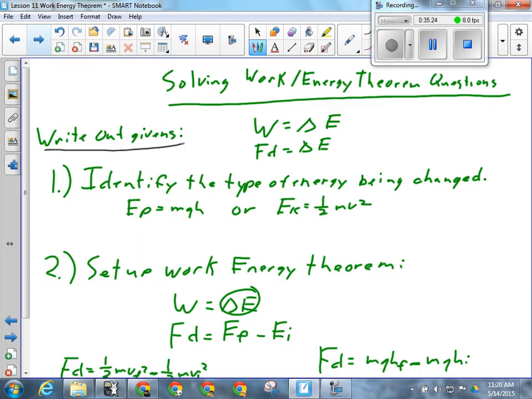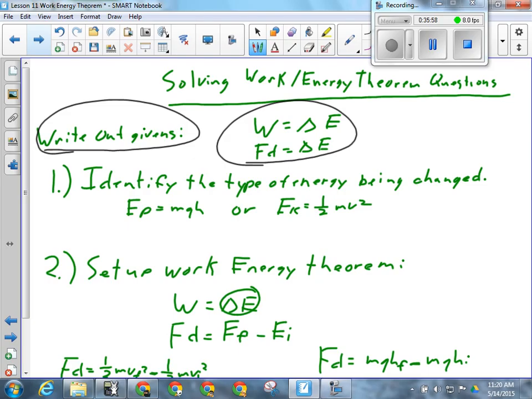First thing you do is write out your givens. And then you can look at your formulas here. Work is a change in energy, or force times distance is a change in energy. Once we've done that, we have to identify the type of energy that's being changed.